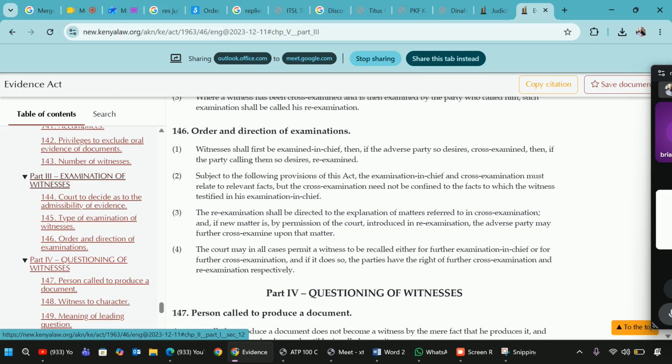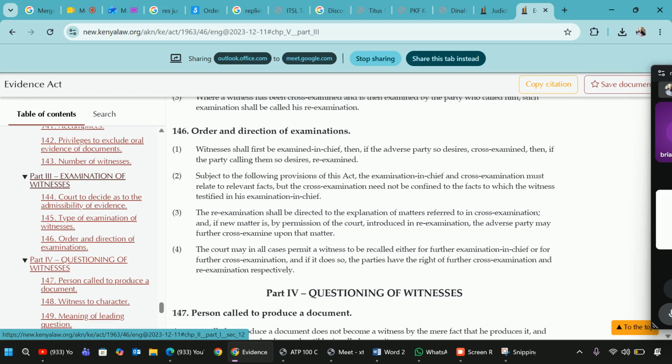Subject to the following provisions of this Act, the examination in chief and cross-examination must relate to relevant facts, but the cross-examination need not be confined to the facts to which the witness testified in his examination in chief. 3. The re-examination shall be directed to the explanation of matters referred to in cross-examination.